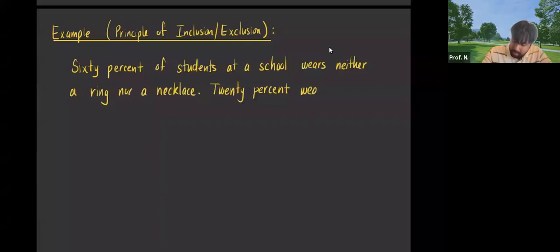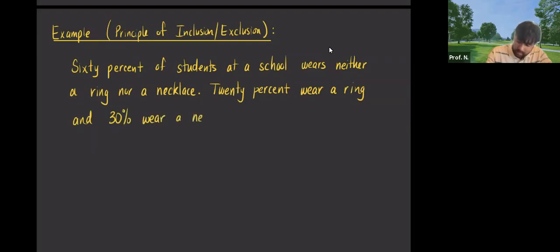and 30% wear a necklace. If a student is randomly chosen, find the following probabilities.